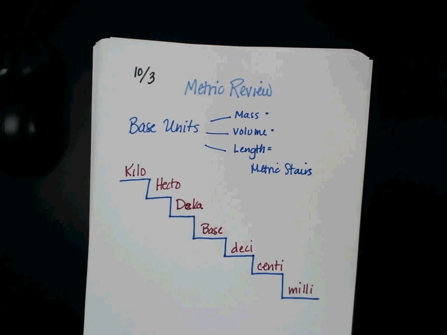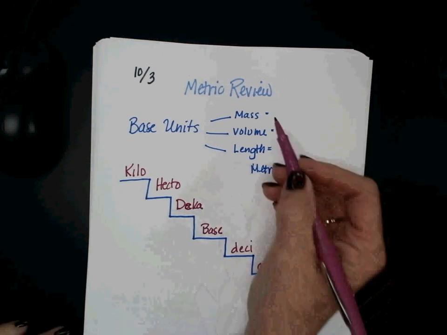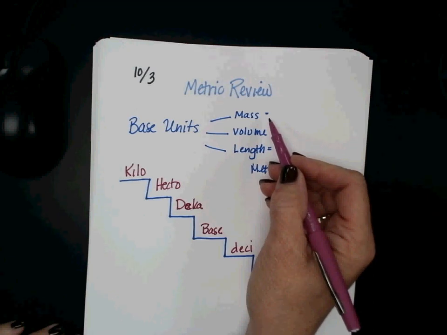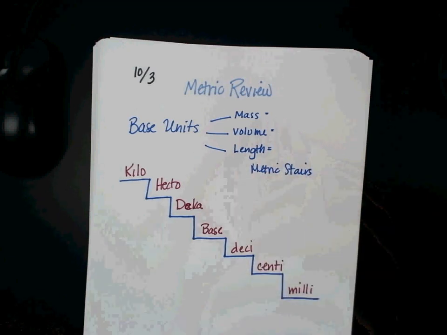Now when I do that, can you tell me what base is? You can? JT, tell me what they are. Yeah, yeah. So if I'm talking about mass, what's the unit that comes with the prefix? Like I would call it a kilogram.